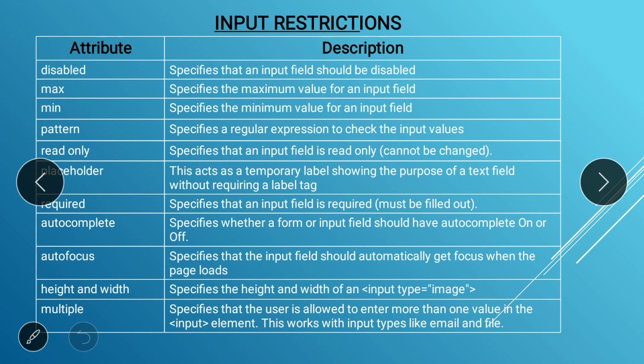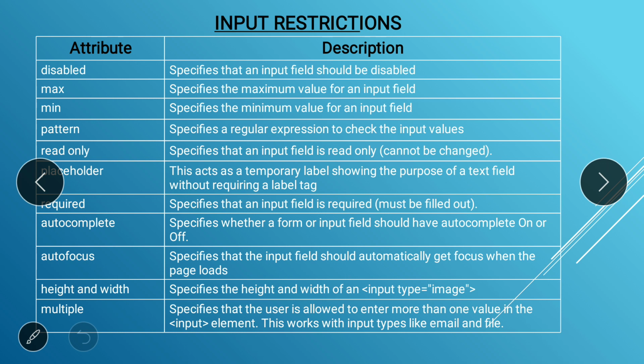Okay, next is autocomplete. Sometimes what happens is you just enter some text, and your text box provides a number of hints, and you can use that suggestion to complete your field.